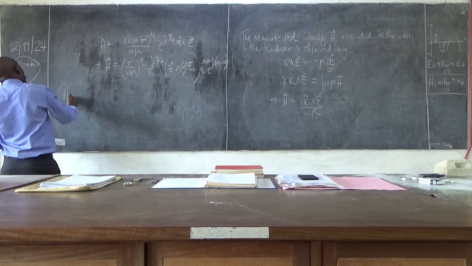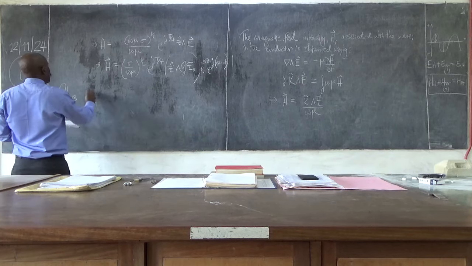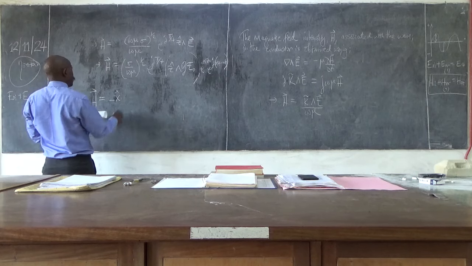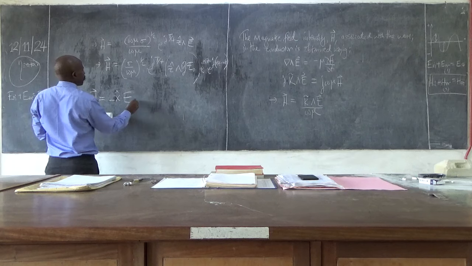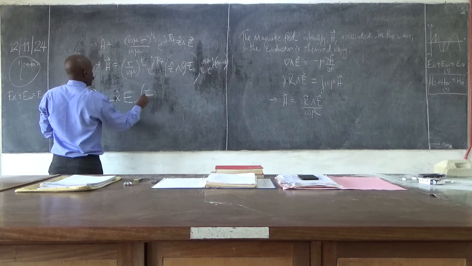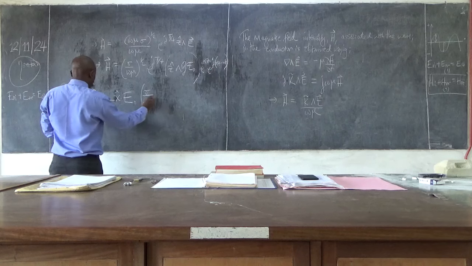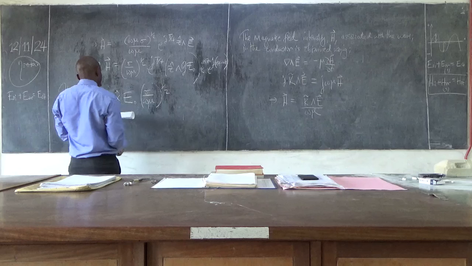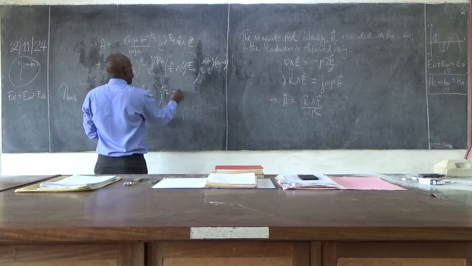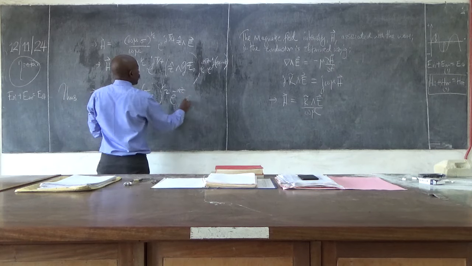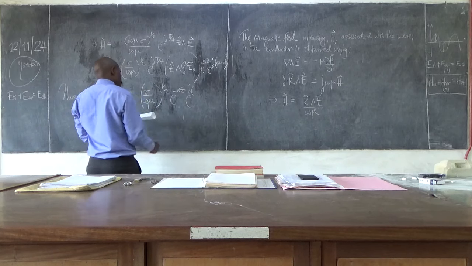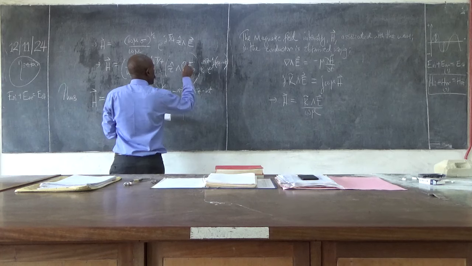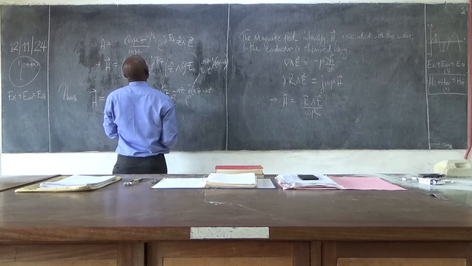Thus, H can be given as minus x roof E naught (sigma over omega mu)^(1/2) exponential minus alpha z, exponential j (alpha z minus omega t plus the other pi over 4 here).